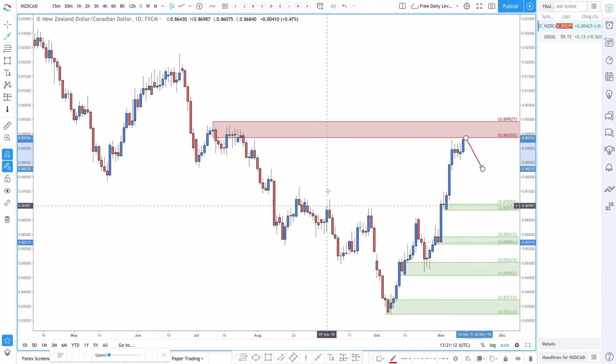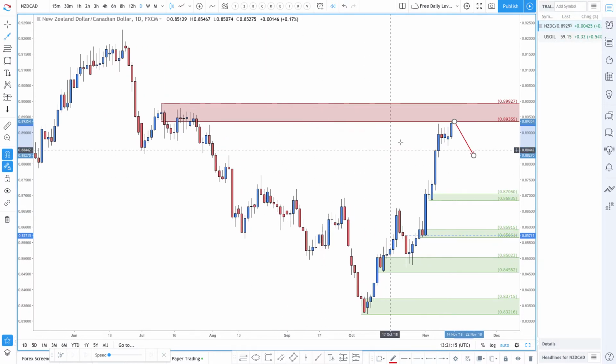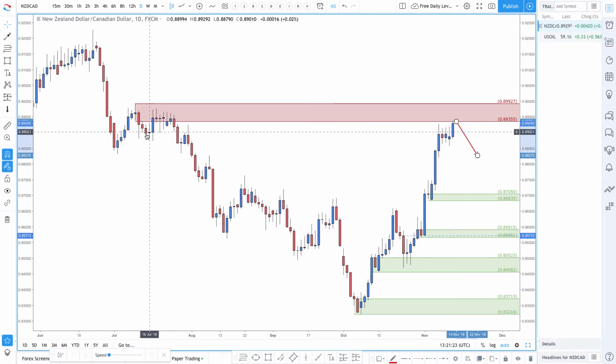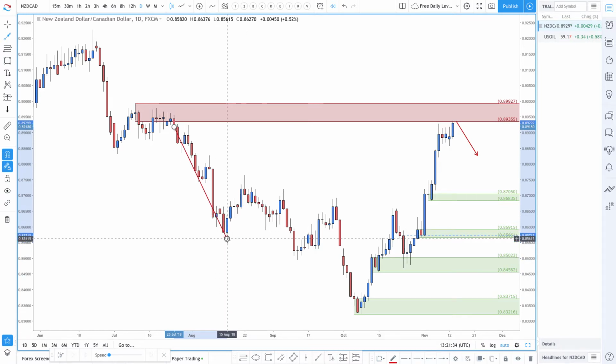So first things first, we are at a level of supply, right? So supply is value, a potential bargain area, and I know this for a fact because in July, especially July the 25th this year, the prices and the exchange rate went lower, right?